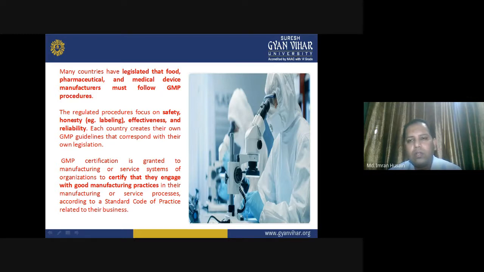So they have to make sure that everything is being done according to the protocol, everything is being followed, and the quality standards are readily met in their manufacturing or service processes, according to the standard code of practice related to their businesses. So every time they have to make sure they are following GMP and CGMP.